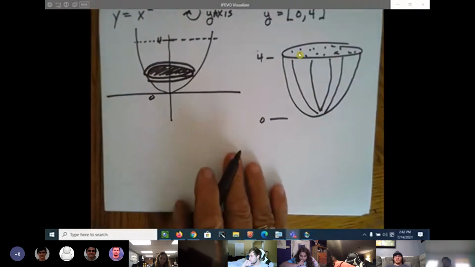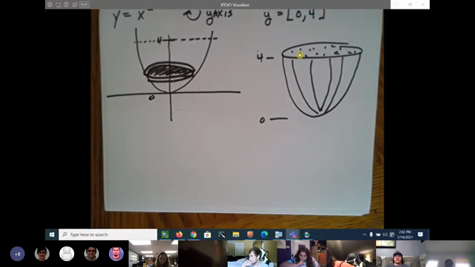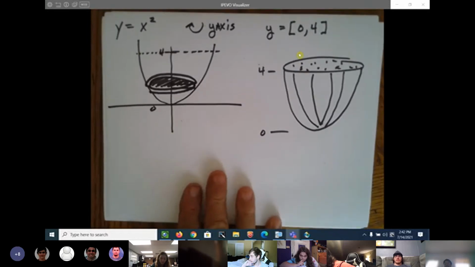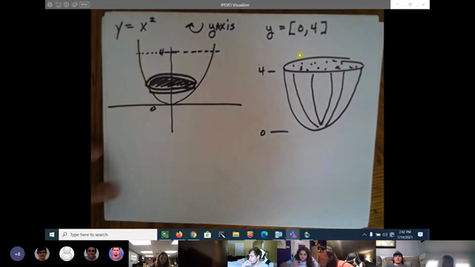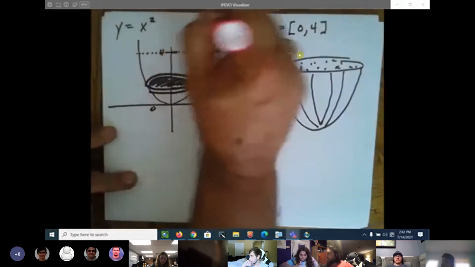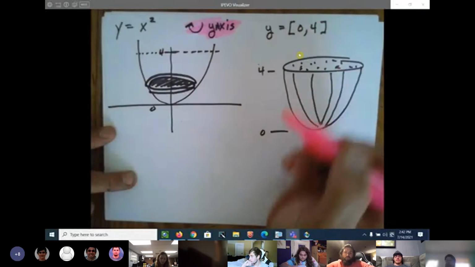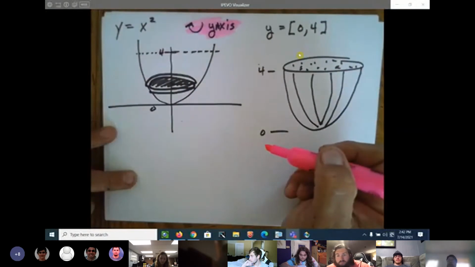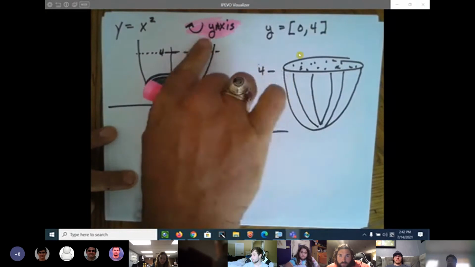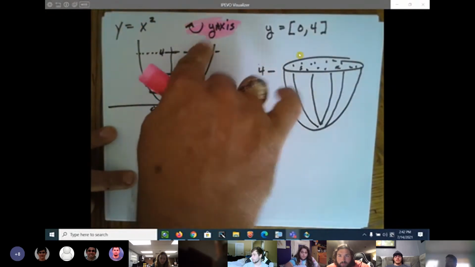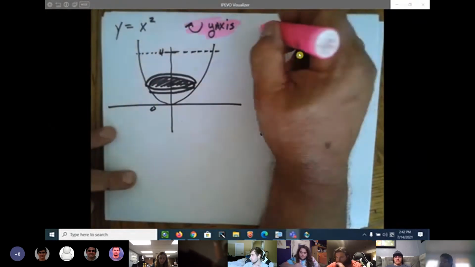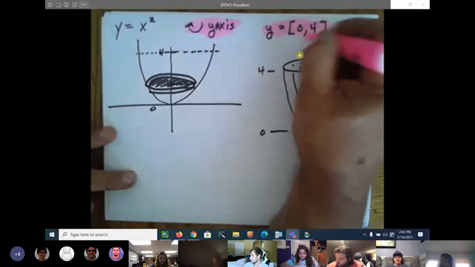Now there's only one problem. We're going to take out our handy dandy pink highlighter. The rotation is in terms of what? Y. The parameters are in terms of what?